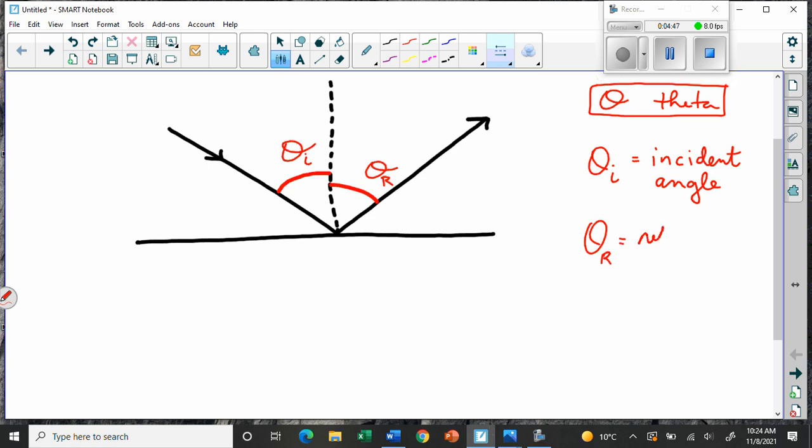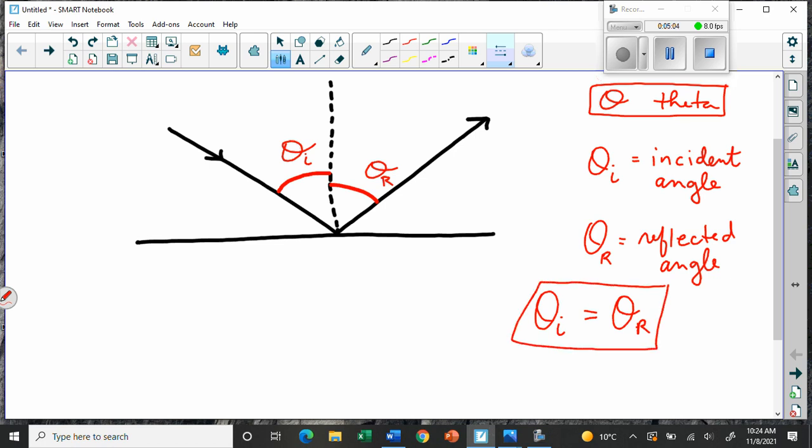So that's the reflected angle. And there's a rule that the incident angle is always equal to the reflected angle. That's the rule when you're bouncing things with light. It's also the rule when you bounce things with balls. It's the same idea.